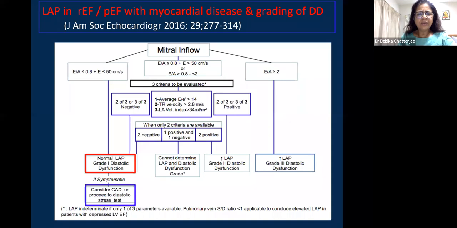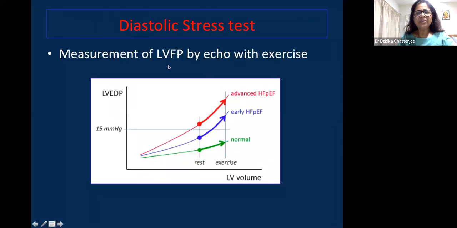What is that? Diastolic stress test is the measurement of the LV filling pressure by echocardiography when the patient exercises. Till now, we are measuring the LV filling pressure when the patient was lying on the bed at rest. But we will be measuring the LV filling pressure now with exercise.